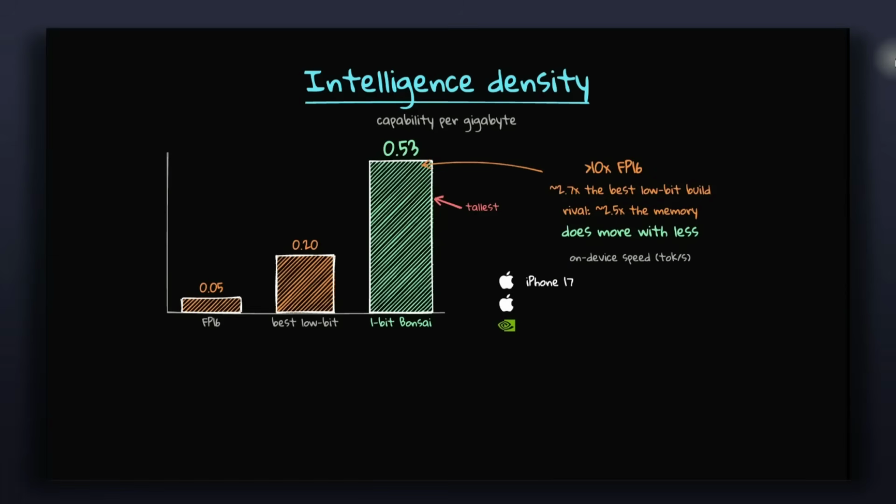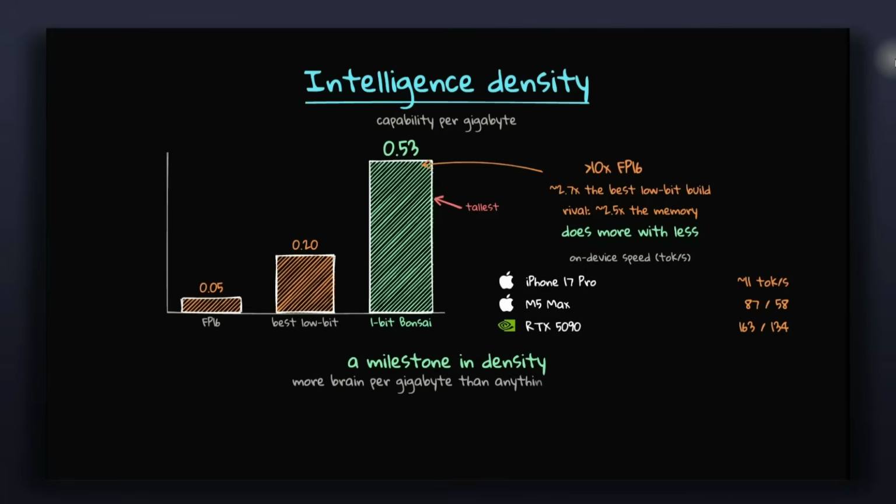Now, it's fast enough that you can actually run it at a usable speed on an iPhone, all the way up to an RTX 5090. With this research, they really wanted to show that it's possible to preserve capability per gigabyte rather than just the raw intelligence. But keep in mind, this density is not the same as quality.